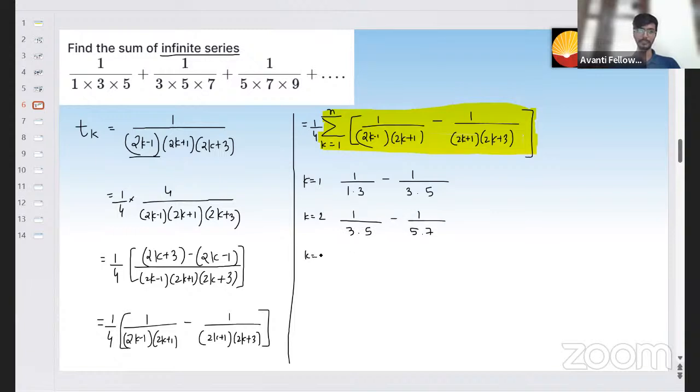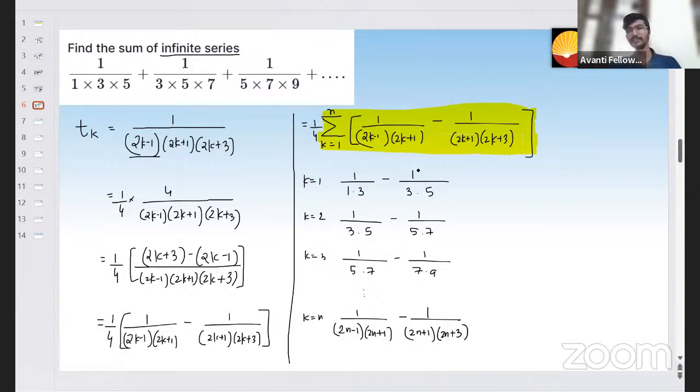Then k equals to 3, I get 1 upon 5 into 7, minus 1 upon 7 into 9. Do you notice something? Then lastly, I'll put k equals to n. So 1 upon 2n minus 1 into 2n plus 1, minus 1 upon 2n plus 1 into 2n plus 3.